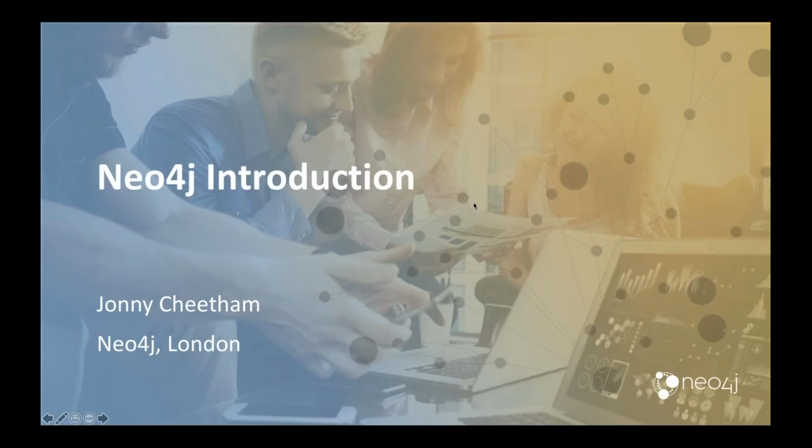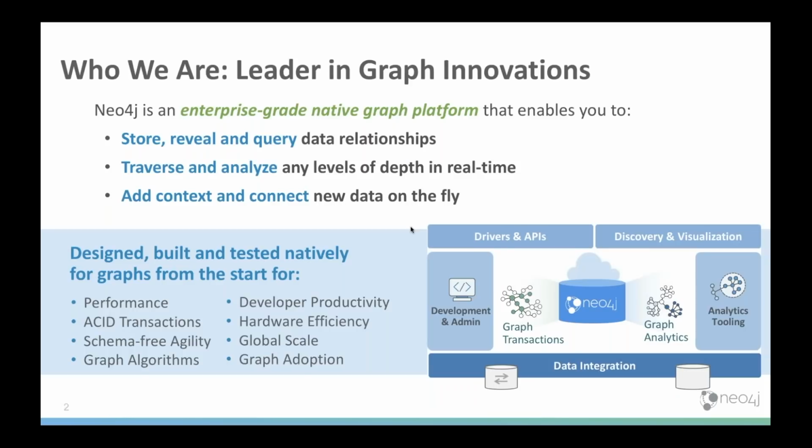Let me start by saying a little bit about Neo4j, the company. Neo4j has been around for nearly 15 years, and we are unusual for a venture capital-backed graph database, in that the guy that wrote the first line of code, Emil Ephraim, is the CEO today.